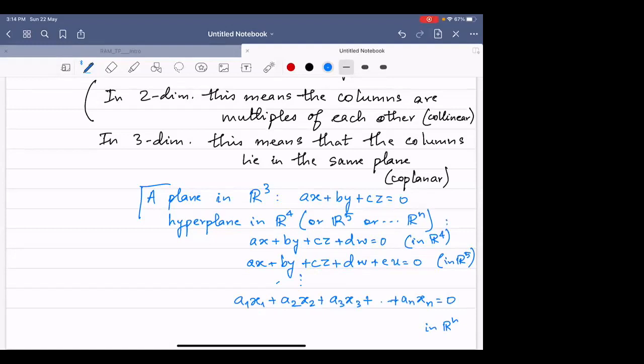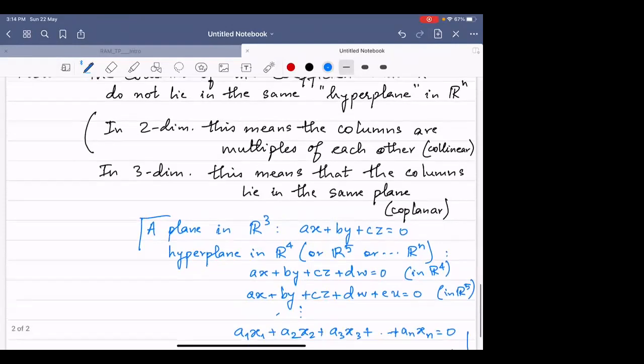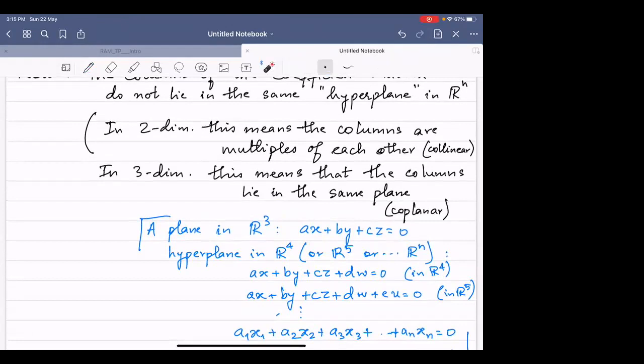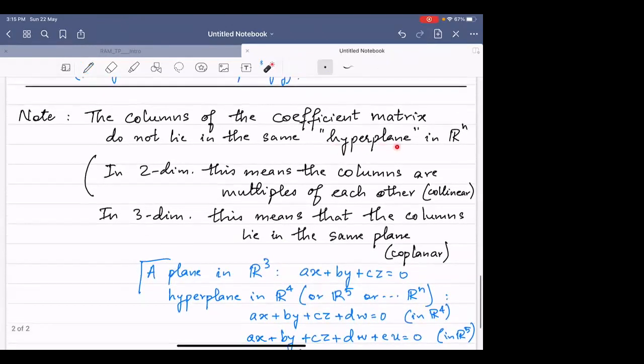This is the definition. I hope that helps at least some of you. But for others who it doesn't help much, or if it's confusing you, then I would say ignore it for now. Just think of it as a generalization of a plane, because I'm not going to go into this geometric picture ahead of this.